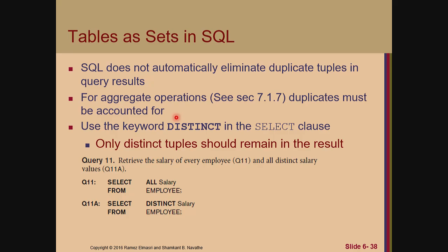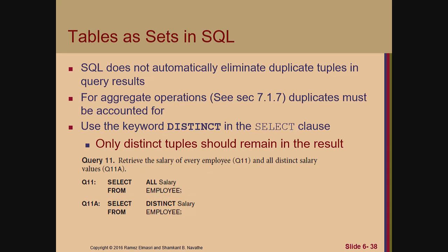So we have to use the keyword distinct in the select clause. For example, here is a query where we retrieve the salary of every employee and all distinct salaries. Let's see, select all salary from employee.